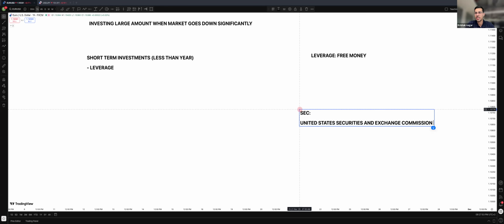So this is the regulation, the SEC, right? Where your money is safeguarded in a way that you have a lot of opportunities to trade, and you can just dabble around in the markets.